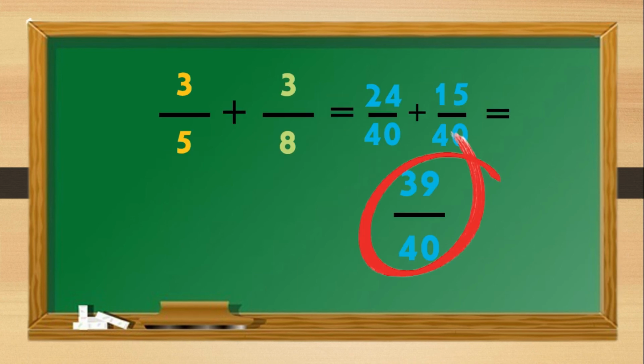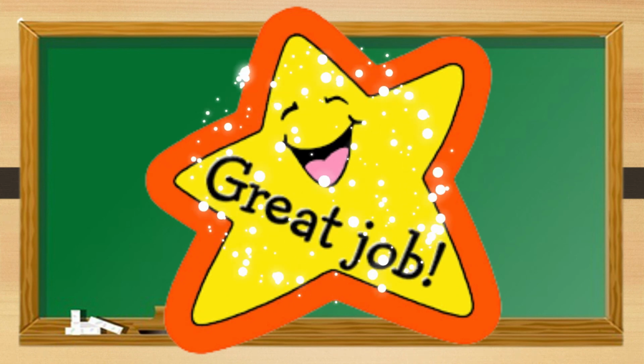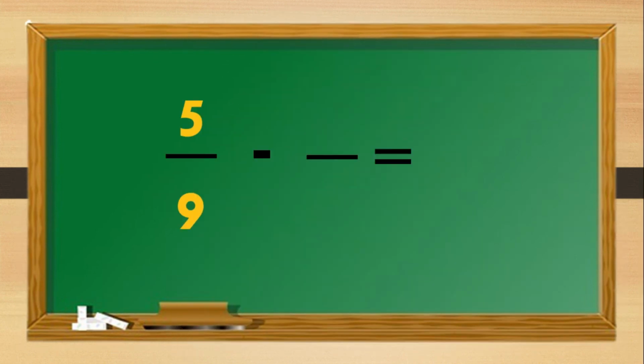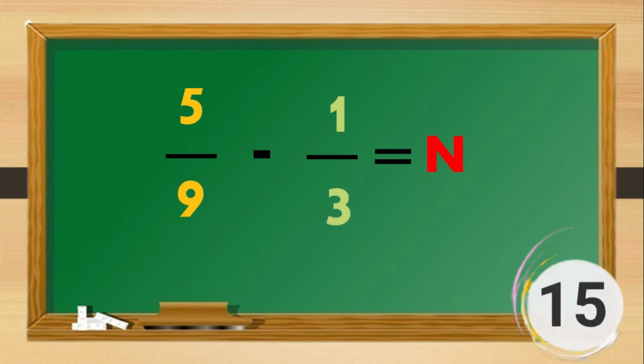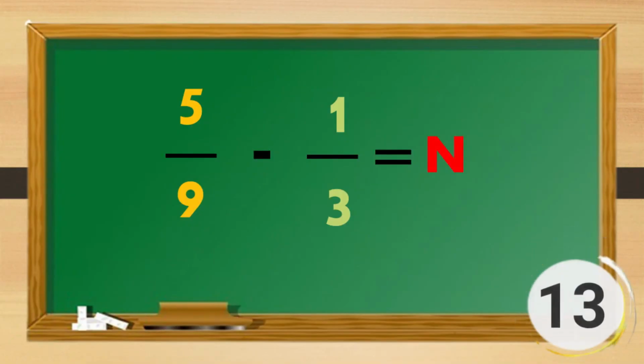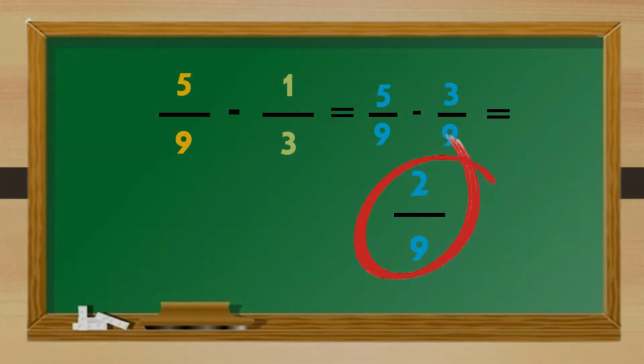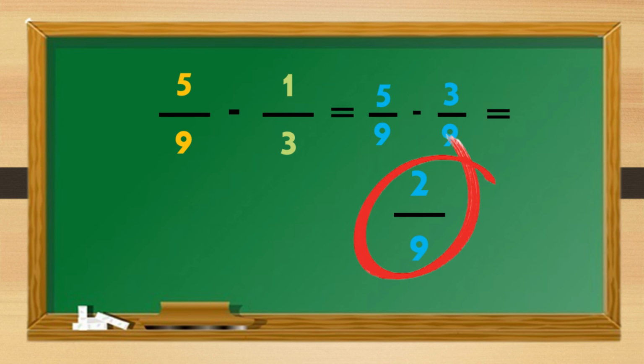The correct answer is 39/40. 5/9 minus 1/3 is equal to n. The correct answer is 2/9.